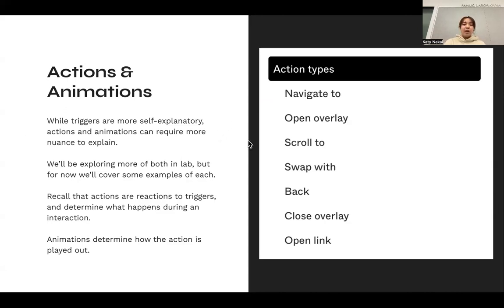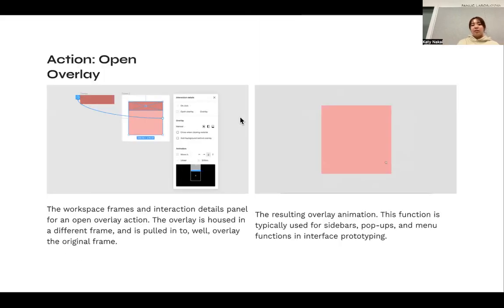And these are some examples of the different action types. So we have navigate to, which is the default, and then there's also open overlay, scroll to, stuff like that. We'll talk a little bit more about these. But just recall that actions are reactions to triggers and they determine what happens next during an interaction. And animations are how that action is played out.